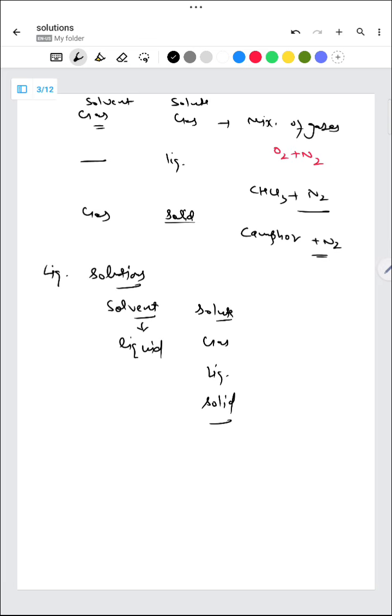If a liquid solution has a gas solute, then an example is O2 dissolved in water, which is a good example for this category. And if it is liquid in liquid, then we have ethanol dissolved in water.